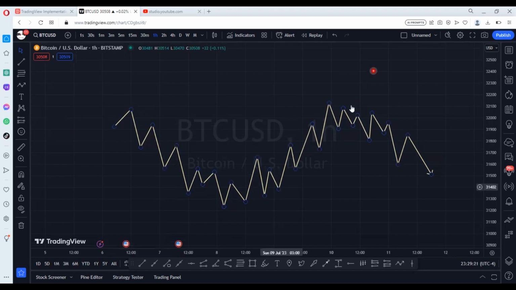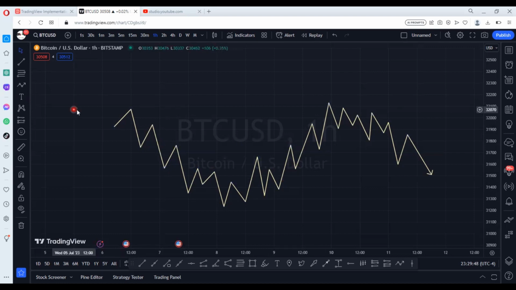And also inside the bullish movement, we have lows and we have highs, right? So I'm going to show you what they are called. Just two things: highs and lows.